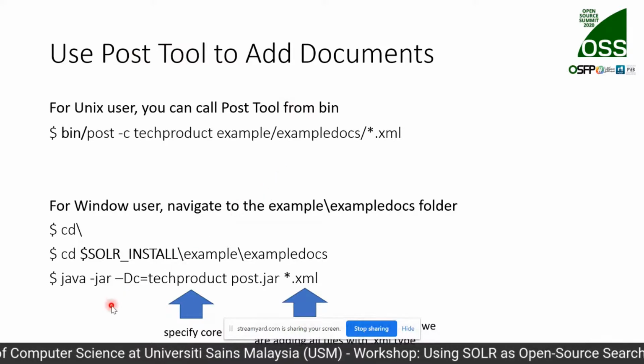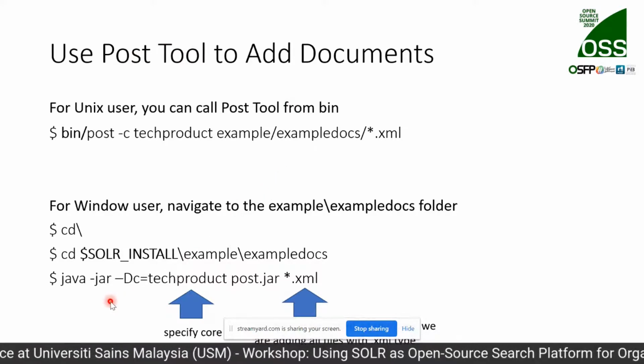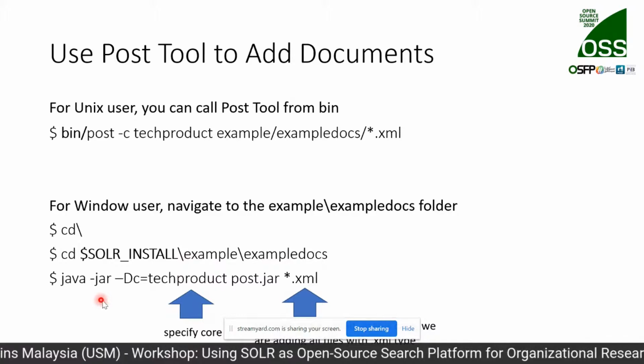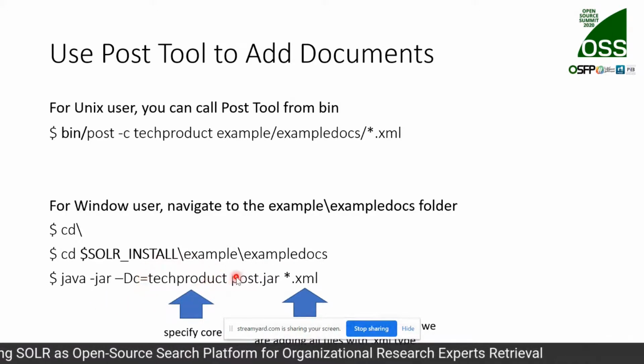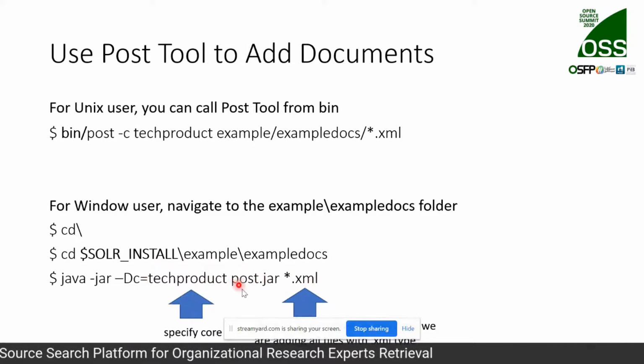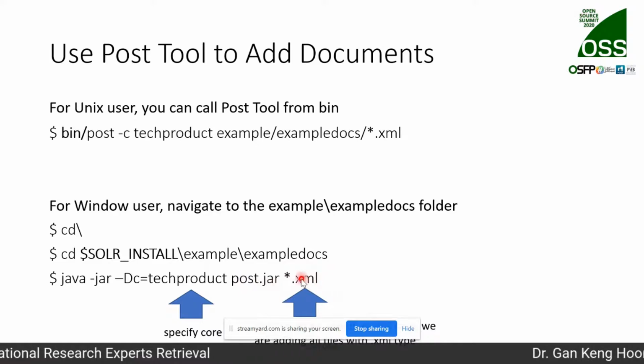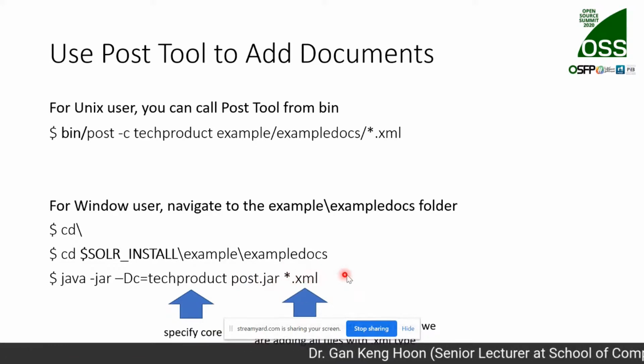The command will be like this. You will need to specify the core, and then you call the posting tool, and then specify what you want to post. That means what documents you want to add to the SOLR core.